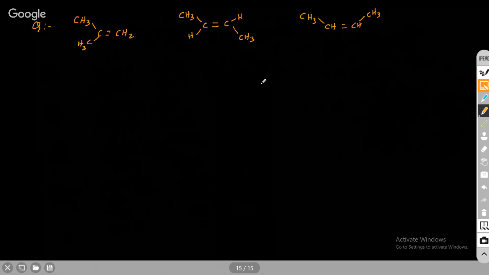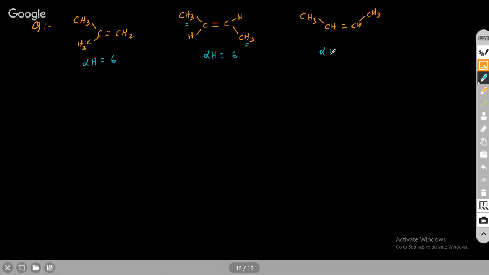In these 3 molecules, we have to assign the stability of the alkene. So if you count the number of sp3 hybridized alpha hydrogen, here it will be 3 and 3, 6. The number of alpha hydrogen here, 3 here and 3 here, is 6. The number of alpha hydrogen here is 6.